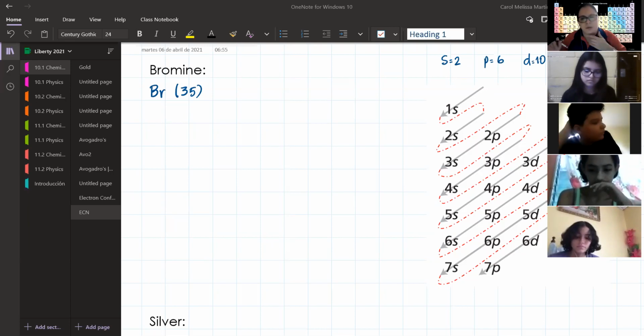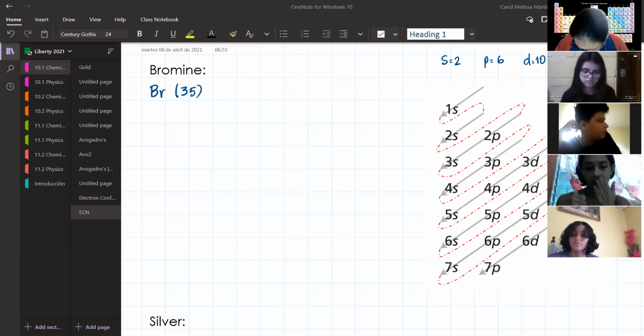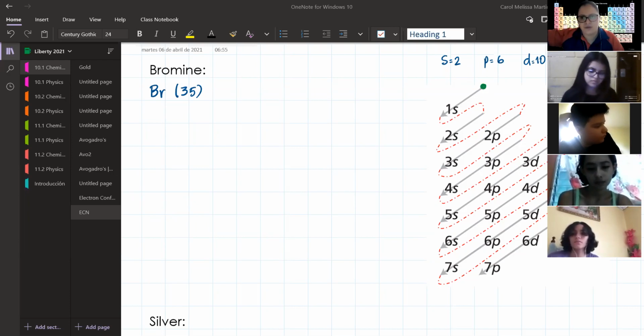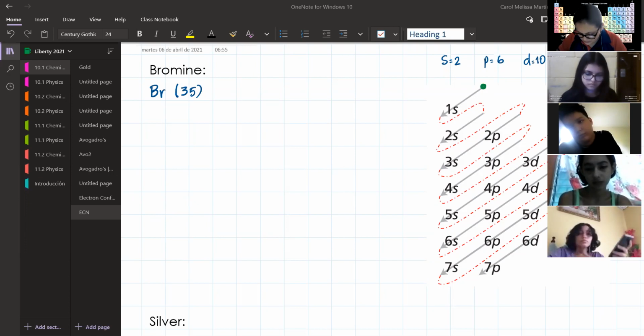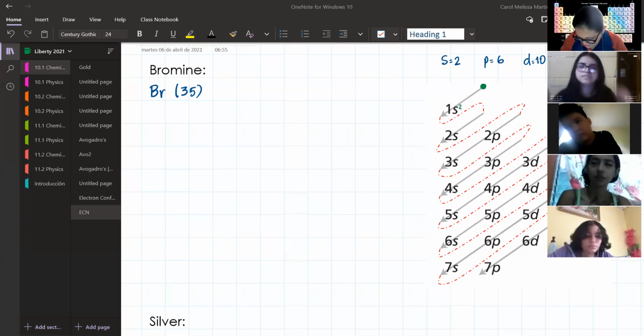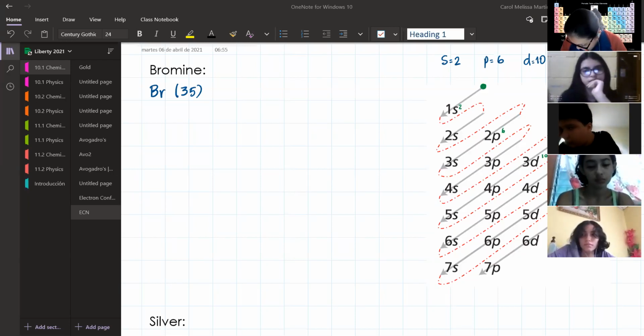So, what do we do? As I told you the other day, we always start from this position right here, and we follow the direction of the arrow. So remember, S represents 2 electrons, P represents 6 electrons, D 10 electrons, and F 14 electrons.